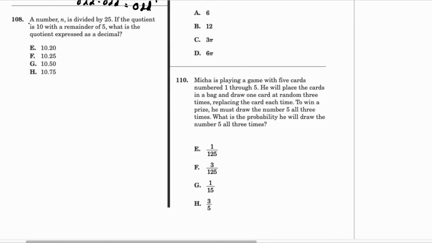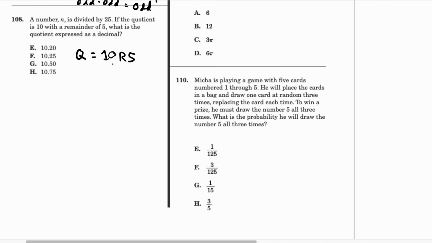So 108: a number n is divided by 25. If the quotient is 10 with a remainder of 5, what is the quotient expressed as a decimal? We know that our quotient is 10 with a remainder of 5.